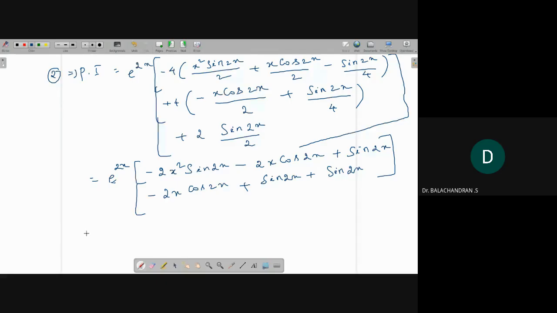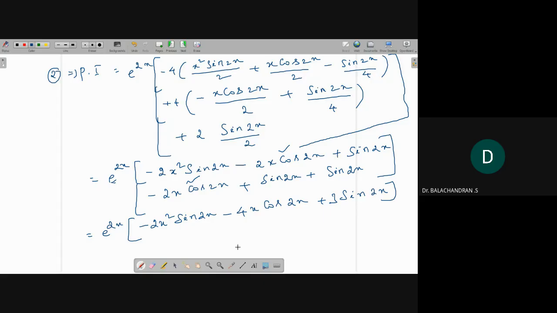So this is equal to e power 2x, minus 2 x square sin 2x minus 4x cos 2x, 3 sin 2x.